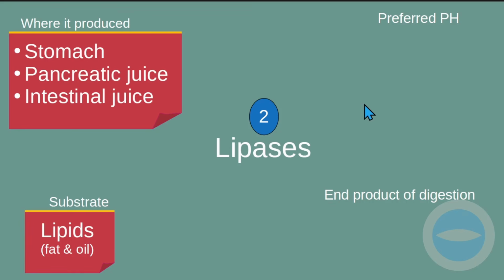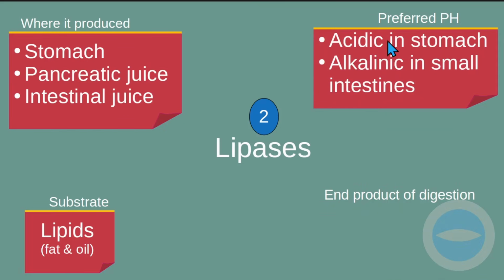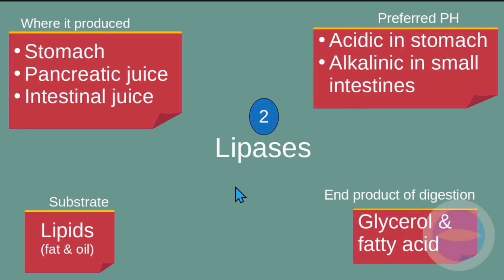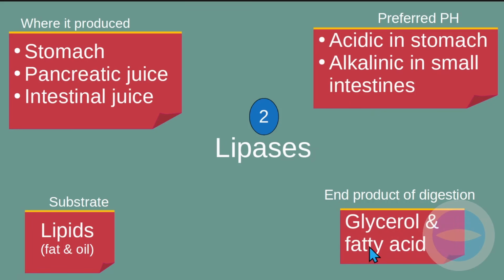The preferred pH of the reaction is acidic in the stomach, because it's found in the stomach, and alkaline in the small intestine, so it's the same as protease. And then the end product of the lipids is glycerol and fatty acids. When lipids are broken down, we end up with glycerol and fatty acids. So this is where it is produced, the substrates, preferred pH, and the end product of the digestion.